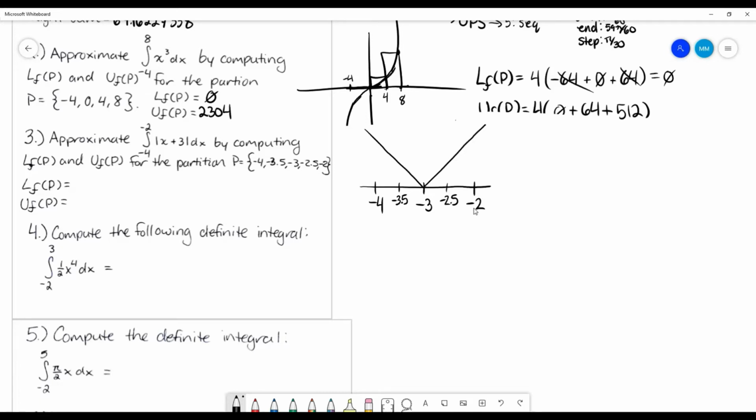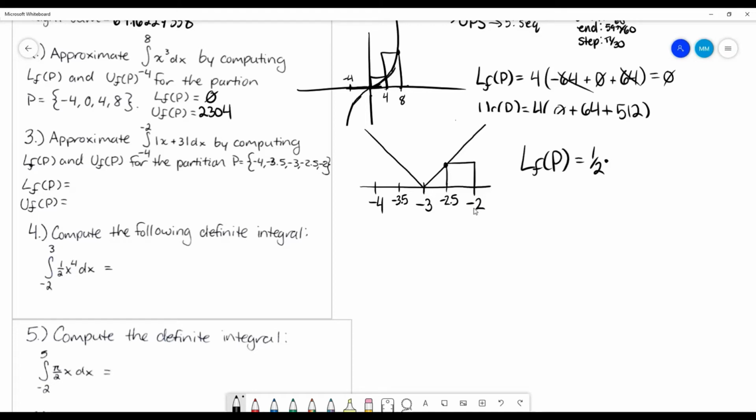Now for that underestimate, like I said, that's going to be 0, that's going to be 0, and then it's going to be those rectangles there. So our lower sum is going to be 1/2, because that's that distance there, that 0.5, times whatever this height is.